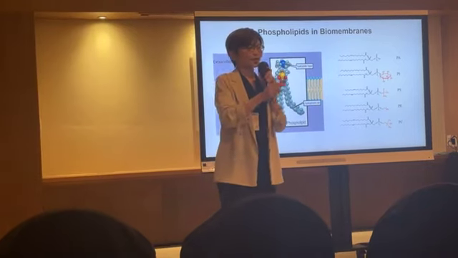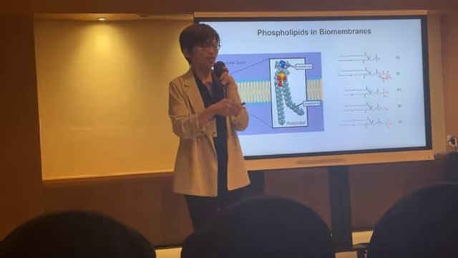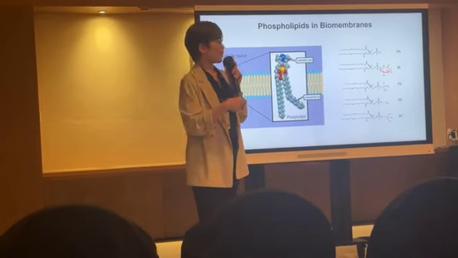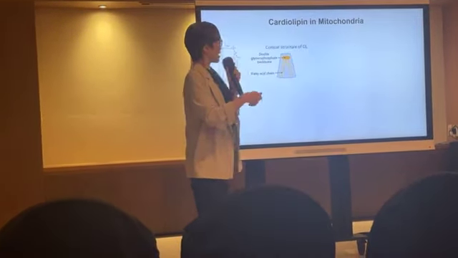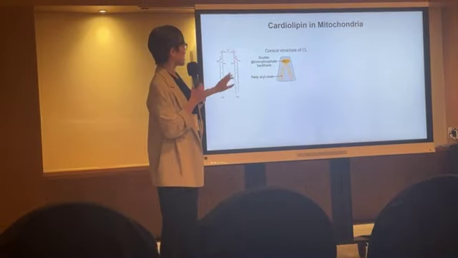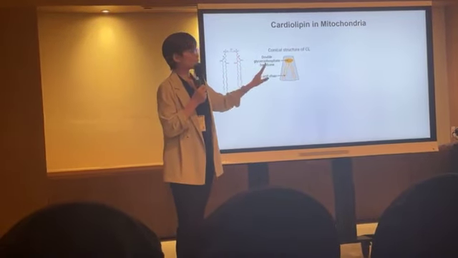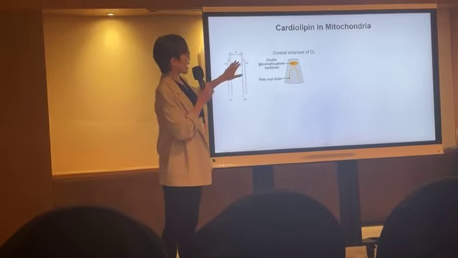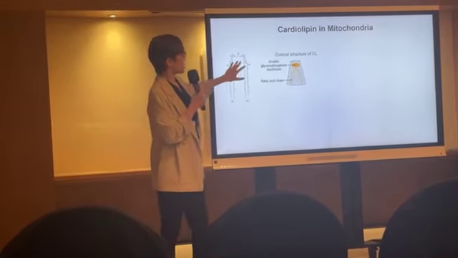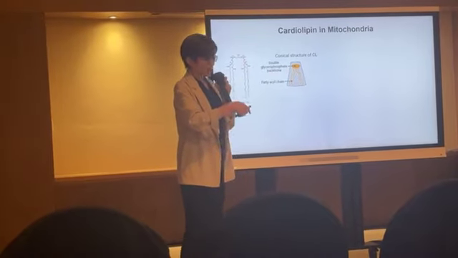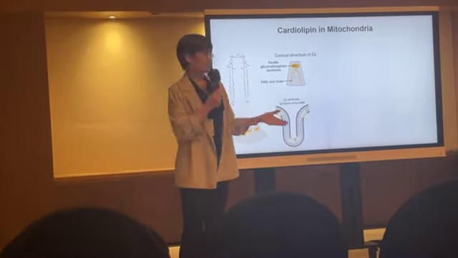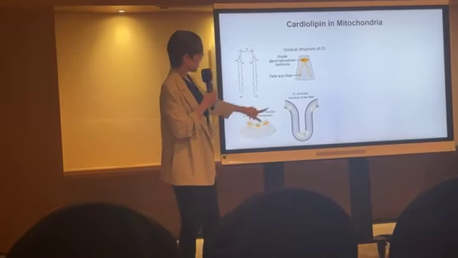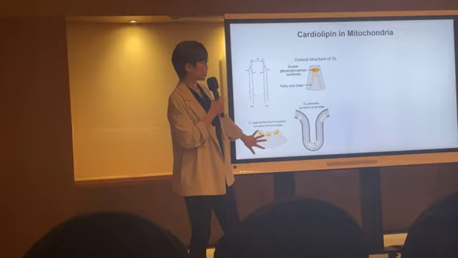But there is one particular lipid called cardiolipin that is only enriched and synthesized in the inner membrane of mitochondria. And it also has a unique structure. First, it is different from the glycerophosphate we saw from the previous slide that only has 2 acyl chains. Cardiolipin actually has 4 acyl chains. And with this very unique cone-shaped structure, cardiolipin is perfect for mitochondrial inner membrane cristae formation. It has very diverse acyl chains.